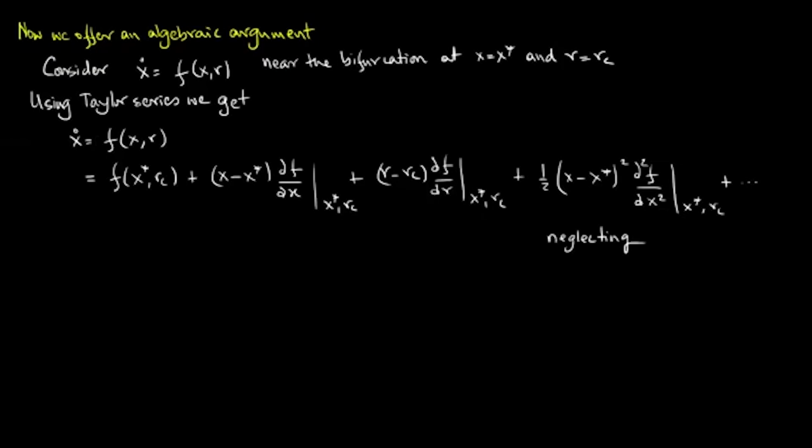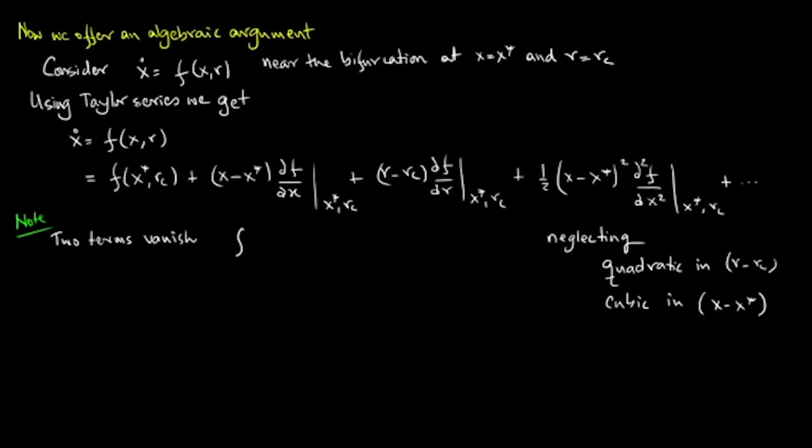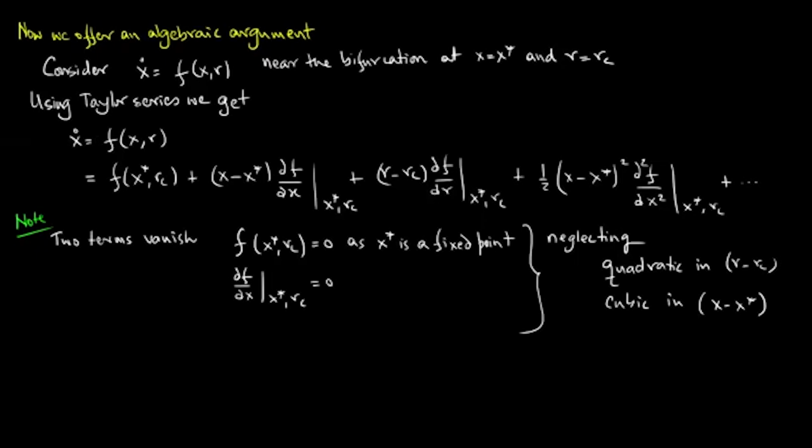Note that we are actually neglecting the quadratic in r minus r critical and the cubic in x minus x star. Also note that two terms actually vanish. f of x star, r critical is equal to 0 as x star is a fixed point, and df dx evaluated at equilibrium also equals 0 by the tangency condition of the saddle node bifurcation.